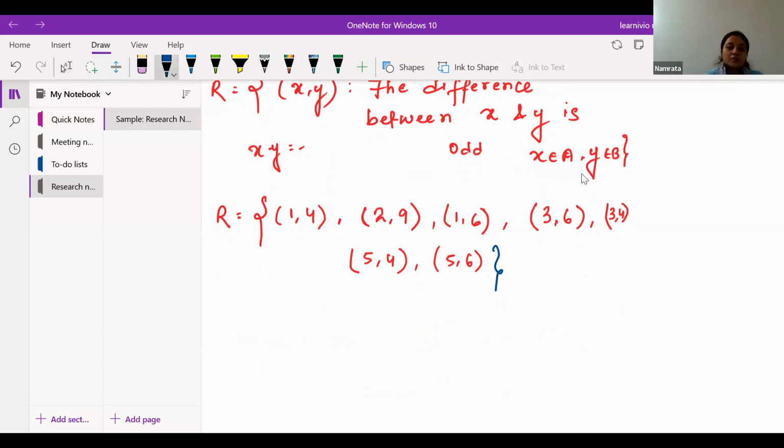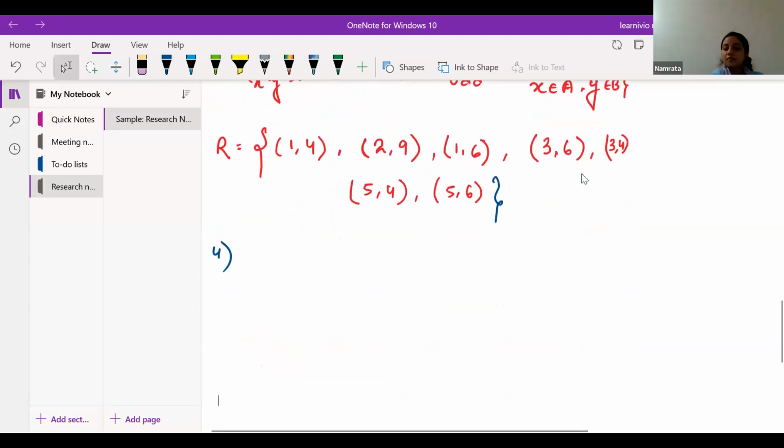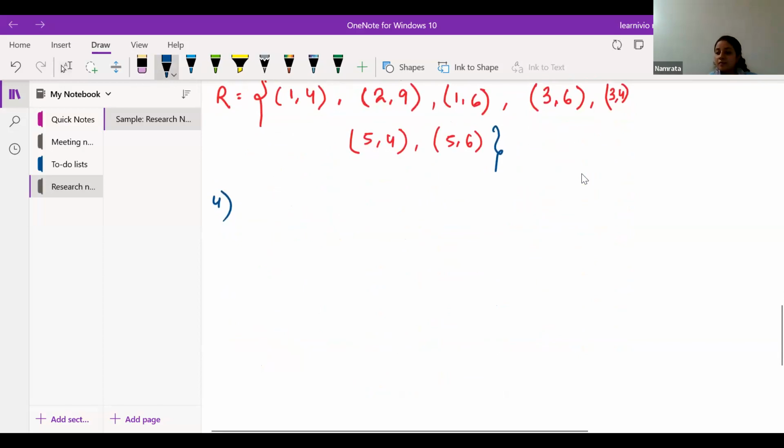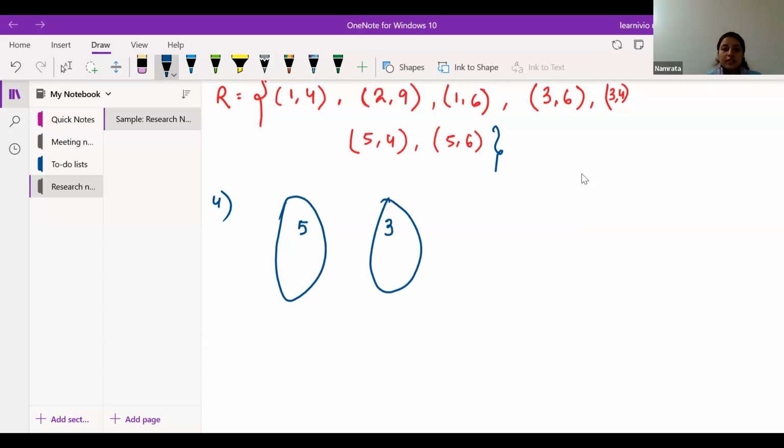Now, suppose we are having question number 4. A figure is given over here, and the figure is like this: 5, 3, 6, 4, and 7, 5.